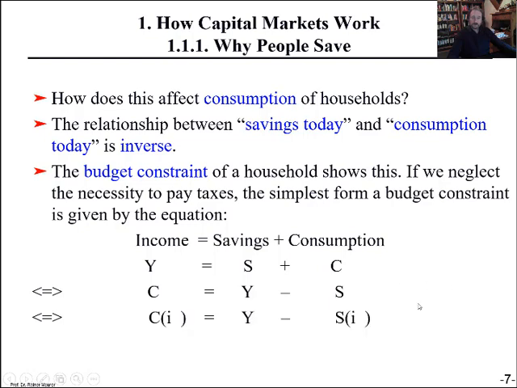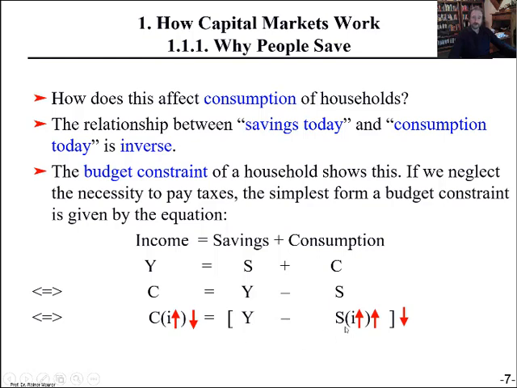Now, if we say that savings is positively influenced by the interest rate, then a higher interest rate will automatically increase savings. If savings become larger, then more is subtracted from income, and as a result, there's no other chance. The remainder, consumption, will fall. So a higher interest rate causes lower consumption.